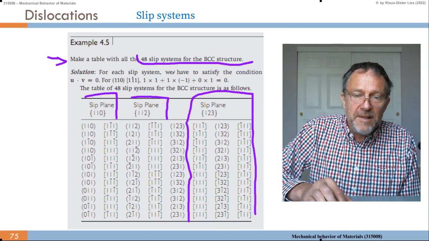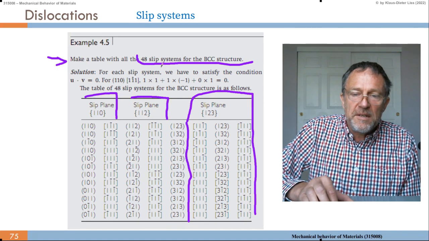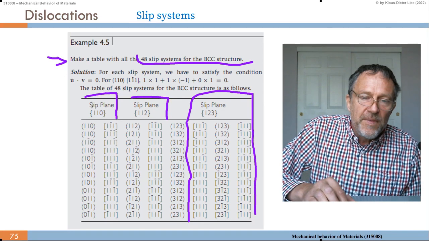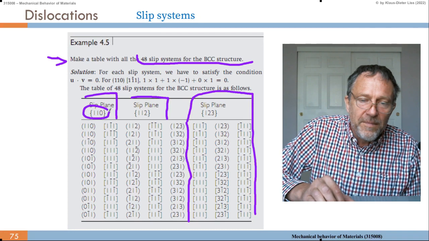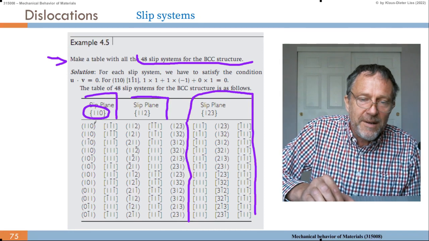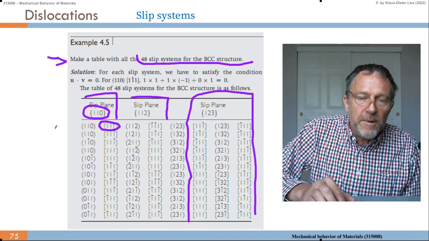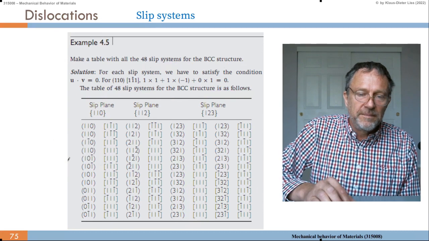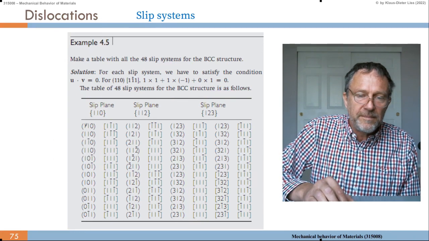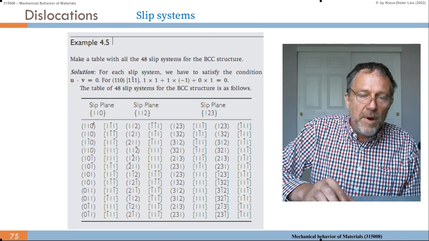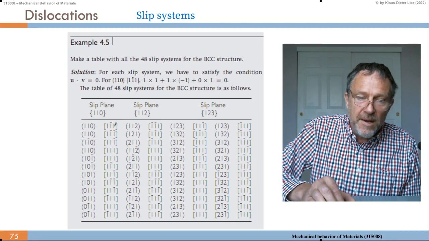For each slip system we have to satisfy the condition: the U, they just call it U, I don't know why, times the V, this vector. The dot product has to be 0. So we see (1,1,0) dot [1,-1,1] is 0.